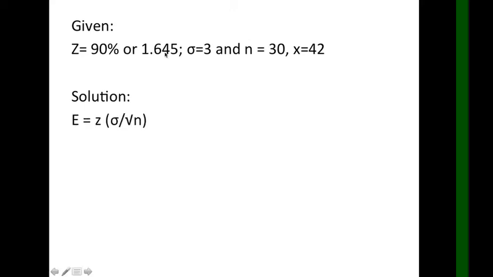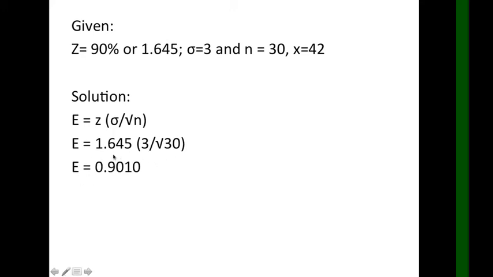So, the margin of error equals z quantity sigma over square root of n. Just substitute the given, what is needed, in the formula. So we have this one. Then on your calculator, 3 divides square root of 30. Click. And then after that, multiply your answer to 1.645, and your answer is 0.9010.